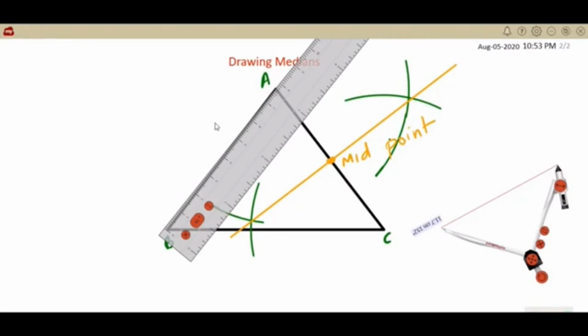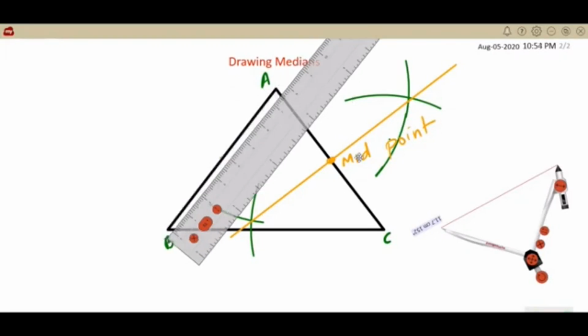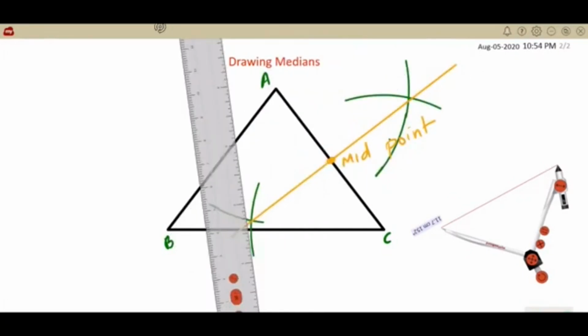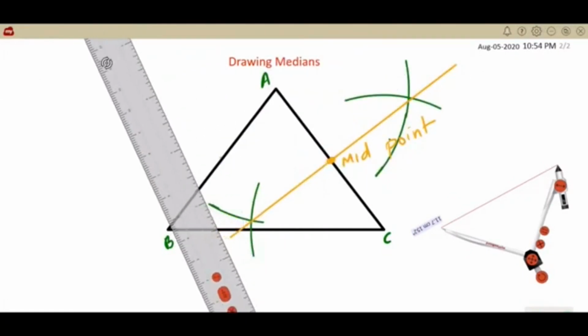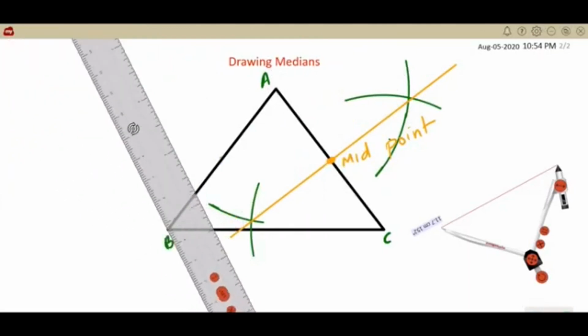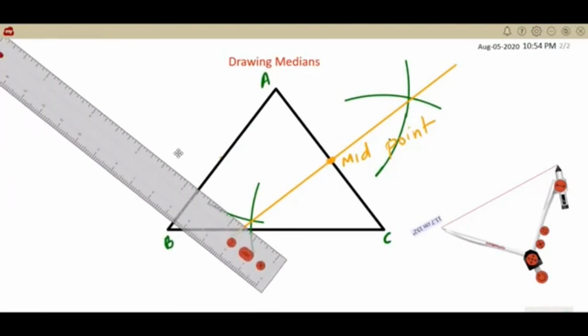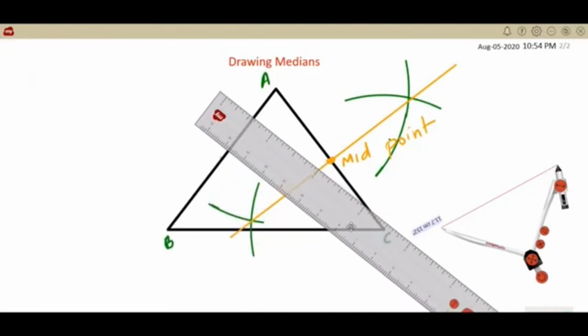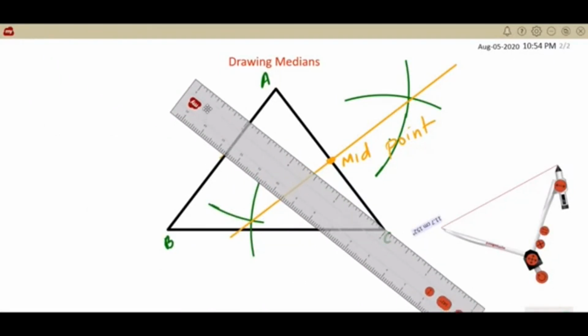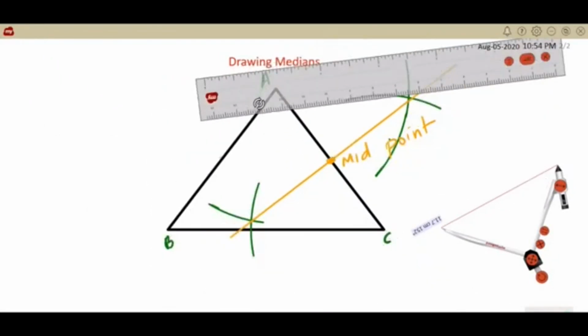So roughly beyond 3.5 a point can be marked. I am saying it roughly, which means it will not be as accurate as how we did the AC side midpoint. I am marking the midpoint and will draw the line segment connecting that midpoint to the opposite vertex. In this case the opposite vertex of AB is C. So with the help of the ruler I will draw a line segment connecting vertex C with the midpoint.